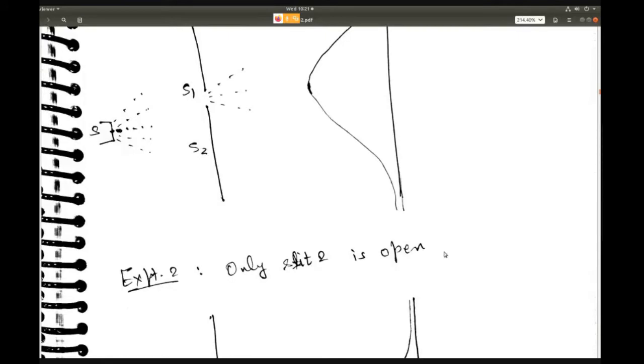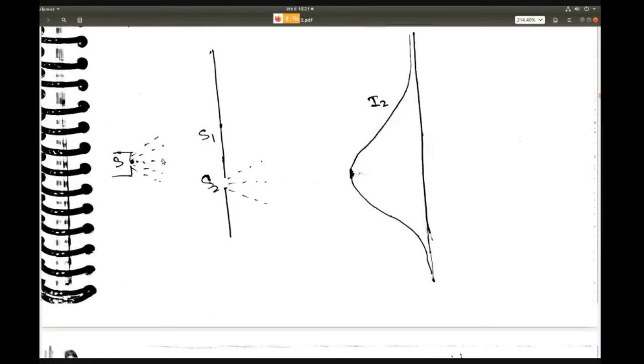Similarly, in the second experiment, when only slit 2 is open, electrons will have only the opportunity to pass through S2. And so the intensity is maximum here, and it is minimum away from it. Okay. So far it is the same as classical particle and classical wave.